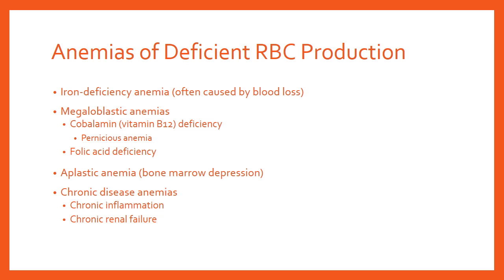So in this case, we will have normocytic, normochromic anemia because our bone marrow has normal capacities to produce red blood cells. However, we don't have enough signaling to encourage that production.